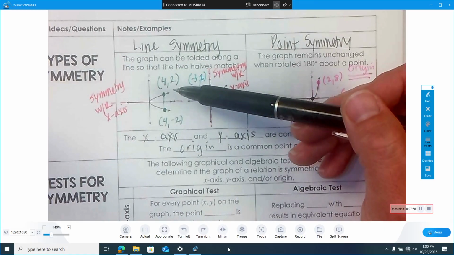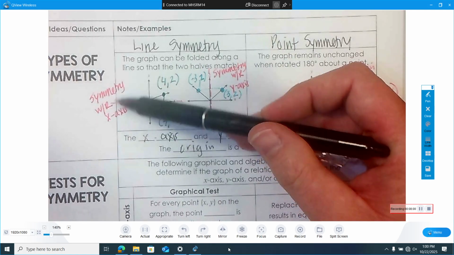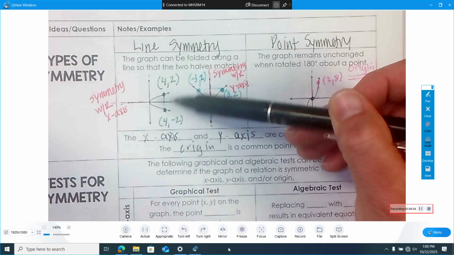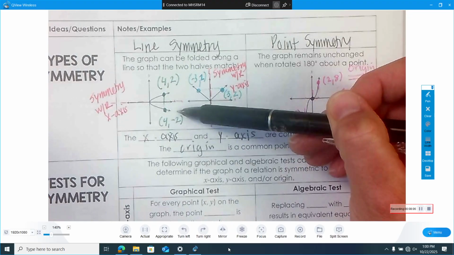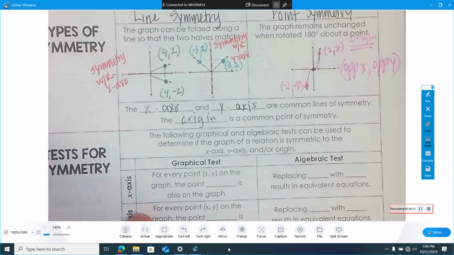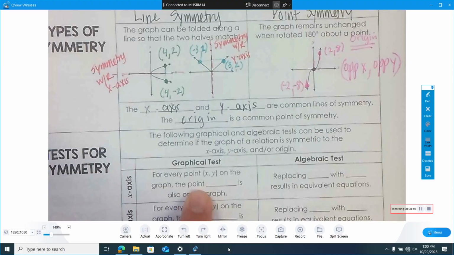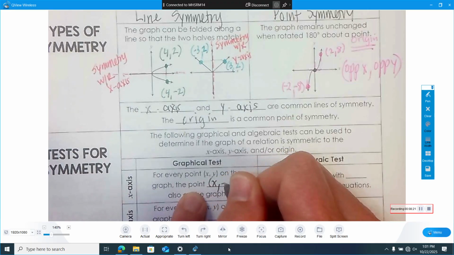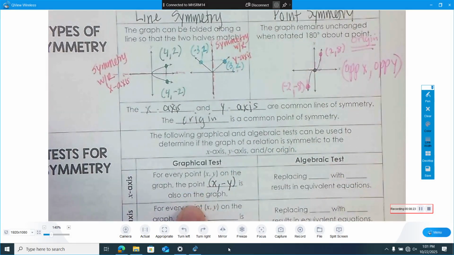We noticed that when we had symmetry with respect to the x-axis, the x stayed the same, but the y values became their opposite. We can use that information to actually prove things have symmetry with respect to the x-axis. For every point (x, y) on the graph, the point (x, -y) is also on the graph.